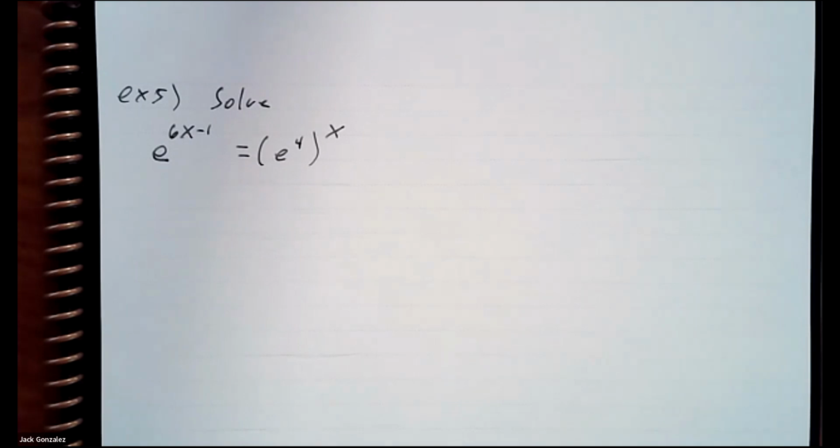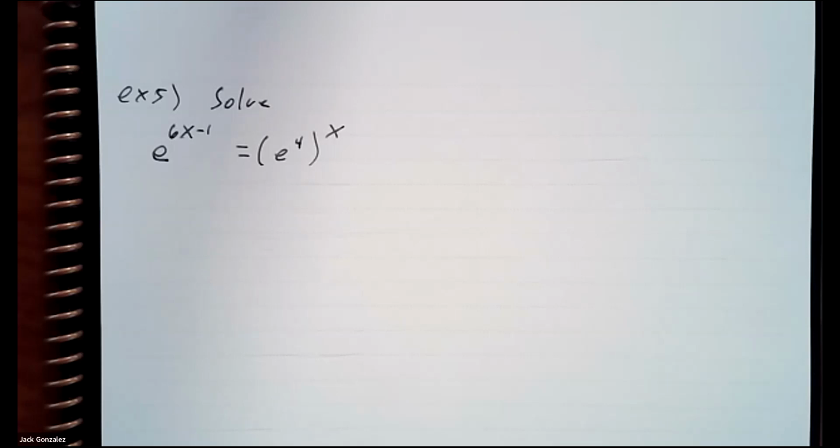It's a very special number, but it's just a number. The goal is to match the bases and they're almost the same, they're almost ready. So e to the 6x minus 1 equals e to the 4 to the x.